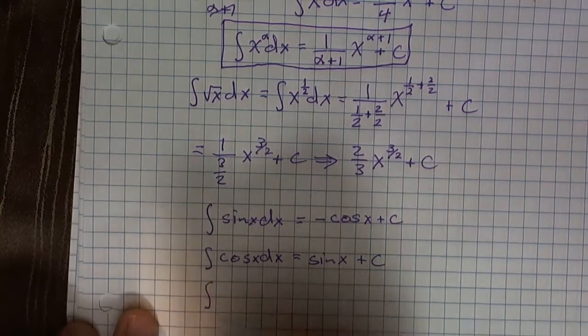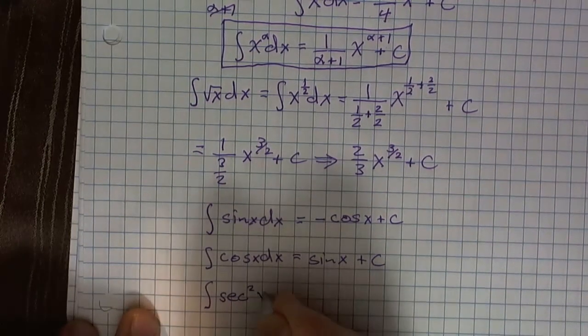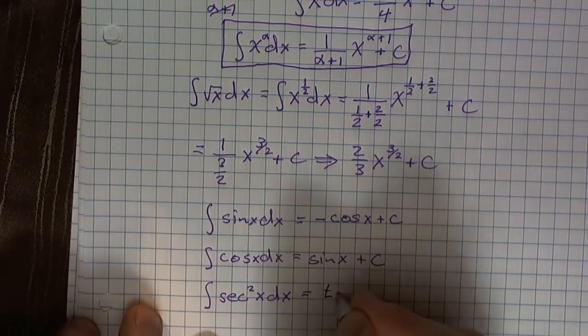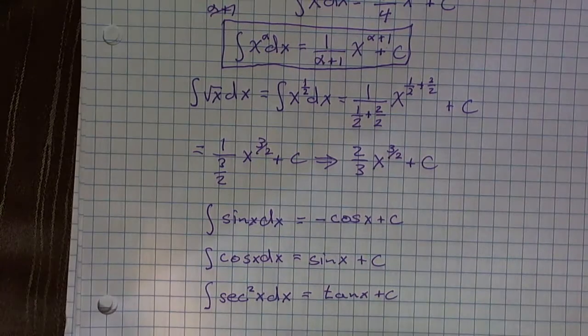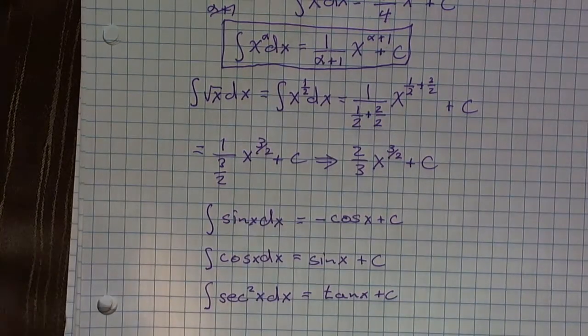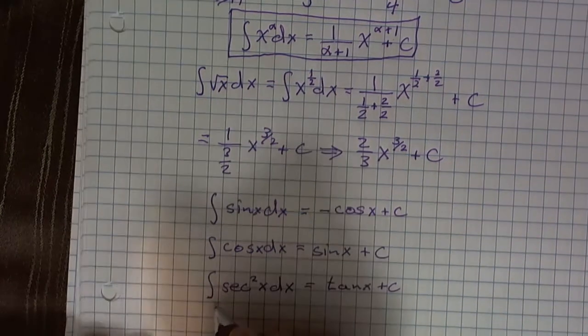And then we've got secant squared x. That would be tangent x plus c. In other words, there are these rules for the antiderivatives for the trig functions as well. And for those, it's just knowing them, right? So we could do another one.